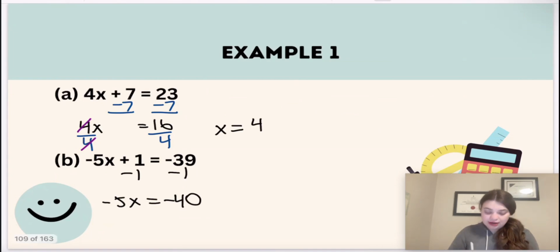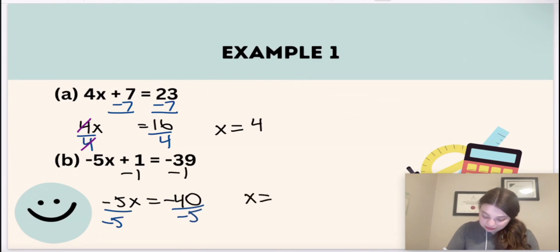And now, once again, I'm left with just a one-step equation. To solve the one-step equation of negative 5x is equal to negative 40, I need to get rid of the 5x. What's the opposite of multiplying x by negative 5? Well, that's going to be dividing by negative 5. So I'll be dividing by negative 5. On my left, both of these negative 5s will cancel, so we just have x on the left.